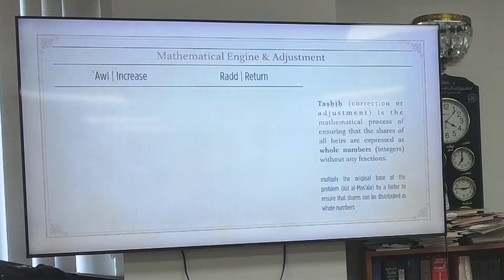Let's look at the mathematical engine behind this. In terms of the mathematical engine, we have three things. We have awl, and we have rad. Awl is an increase, rad is return, and we have tasheeh, correction. We do a correction.